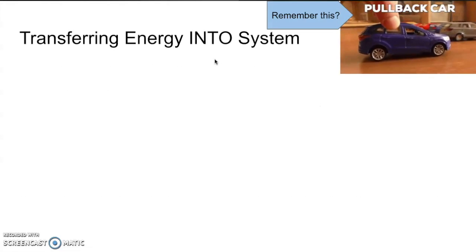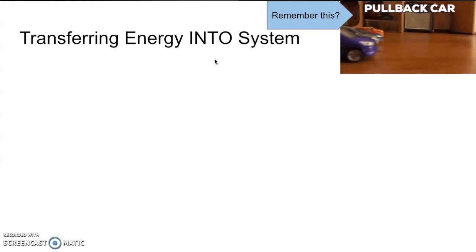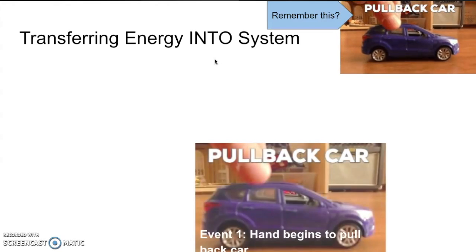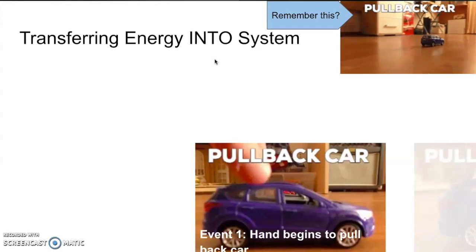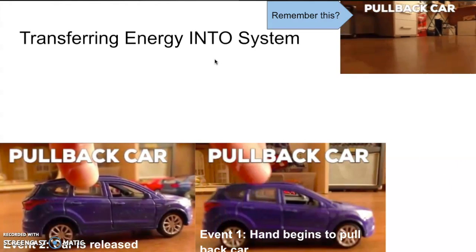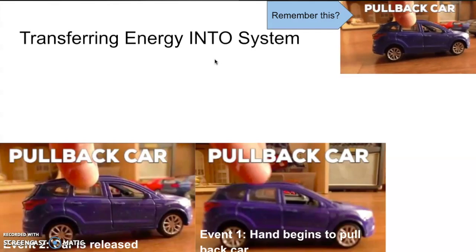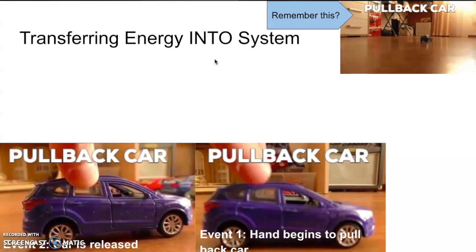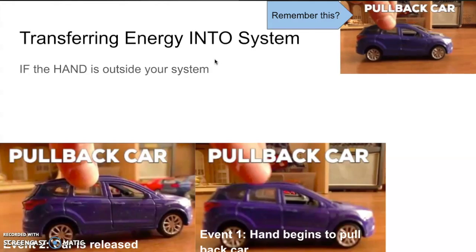I want to talk about transferring energy into the system. We're going to look at this car that rolls back. What we'll call snapshot 1, hand begins to pull it back, and then snapshot 2, car is released. So what you'll see is right before you pull it back to right before you release it. And so what you have is this hand is outside the system.